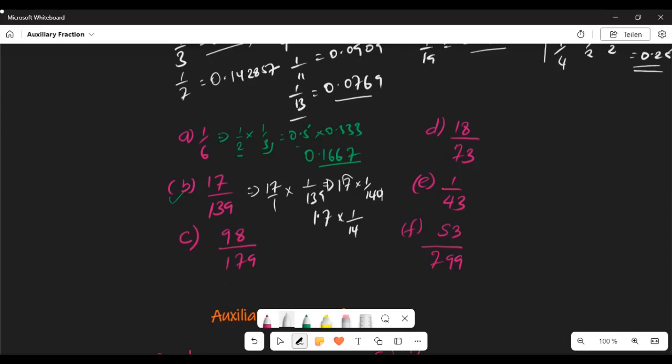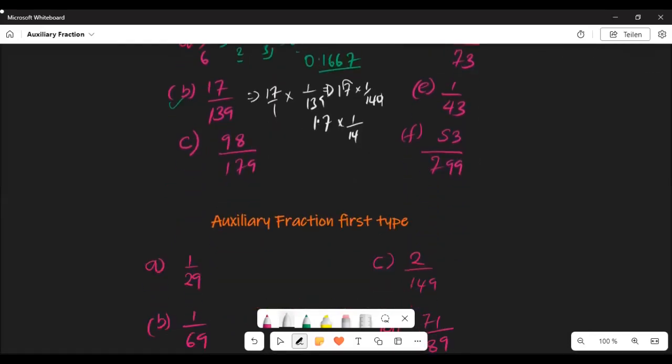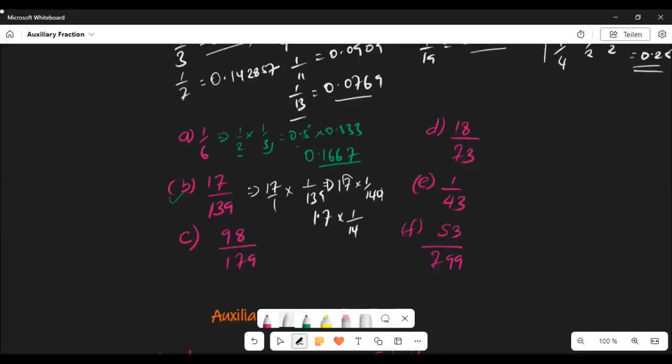The method we're going to follow here is going to be direct. So let me carry this from here onward to this side. We have here 1.7 multiplied by 1 over 14. I'm going to insist on 1/7 and multiply.